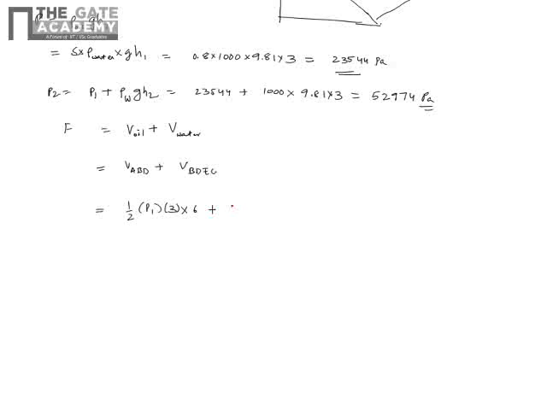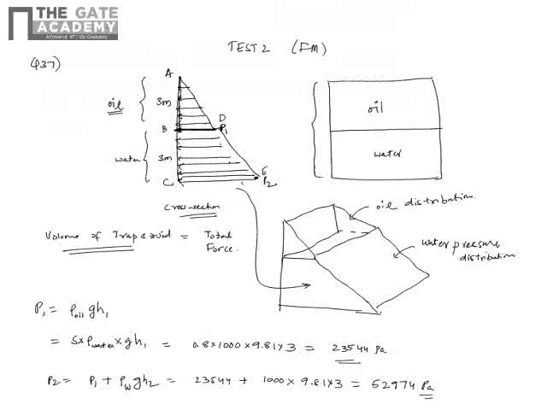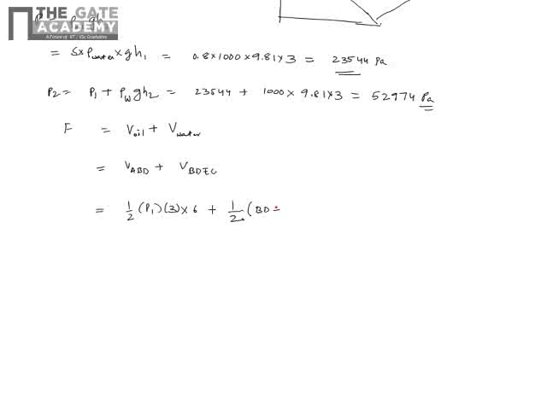Now the volume of the trapezoidal BDEC is a trapezoid. So half the mean of BD plus CE into your height BC, which is 3, into your perpendicular depth, which is 6. So half P1 into 18, and this is half P1 plus P2 into BC, which is again 3, into 6.